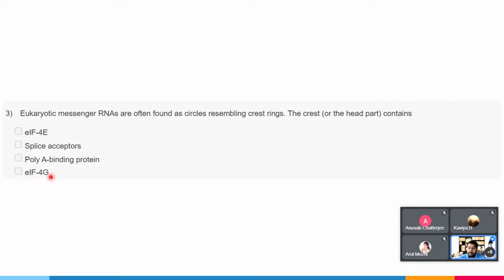So essentially, eukaryotic messenger RNAs are not like a long string as we have drawn them again and again from the 5' end to the 3' end. They essentially form a circular structure with some proteins binding at the ends, 5' and 3'. So the question asks us, what exactly are these proteins? This is also a box type question, so there are multiple options that are correct. So I would encourage everyone to try and answer this.